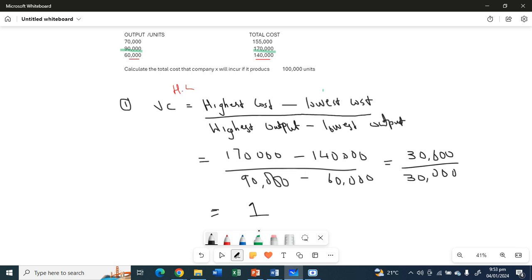All right. So our variable cost is 1x. x is going to represent the number of units.